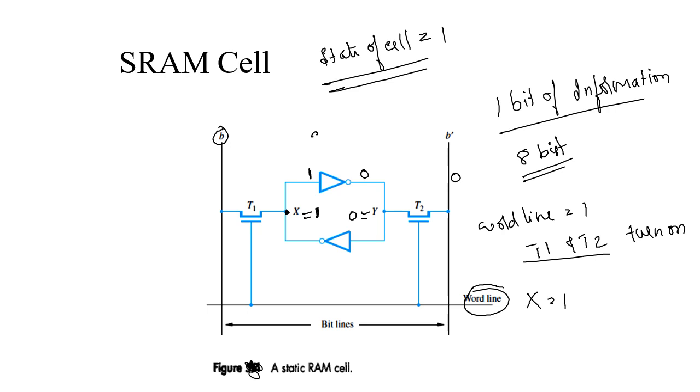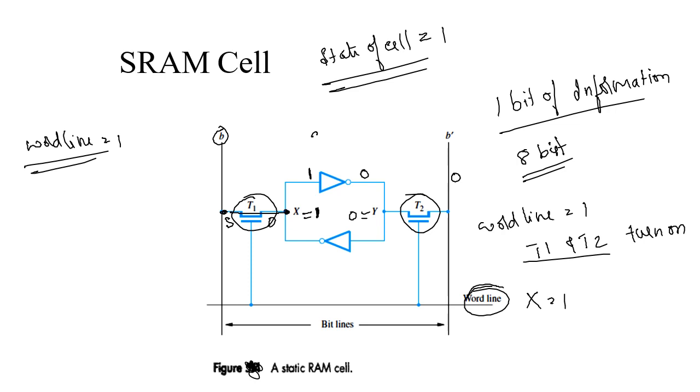Now a processor wants to read it. The processor enables the cell by pulling the word line high. When the word line is made high, transistors T1 and T2 get turned on. When they are turned on, the source and drain terminals of the transistors get shorted. That internally shorts the bit line with the internal state.